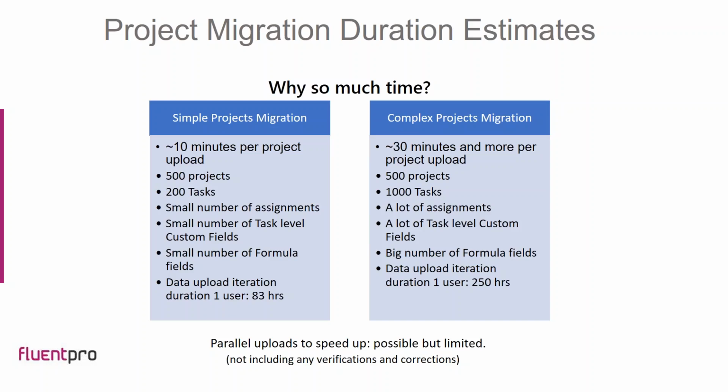For example, with simple project migration, like 500 projects, each with up to 200 tasks, a small number of assignments, and not many task-level custom fields or fields that use formulas, the upload time will be from 5 to 10 minutes per project.